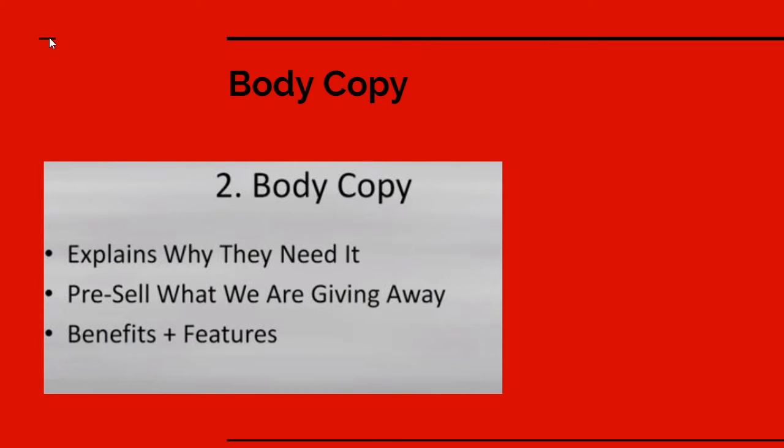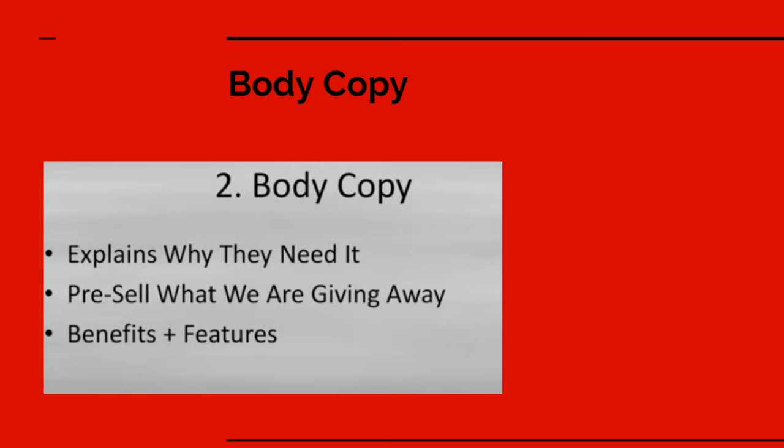The second is the body copy. The body copy explains why they need it. This is really important as well because you want people to understand very clearly why they need it and why they should get this.